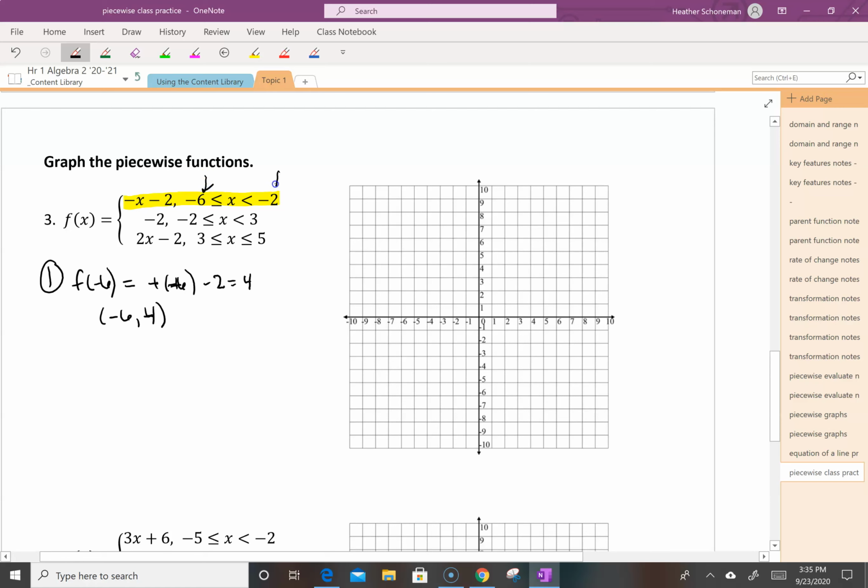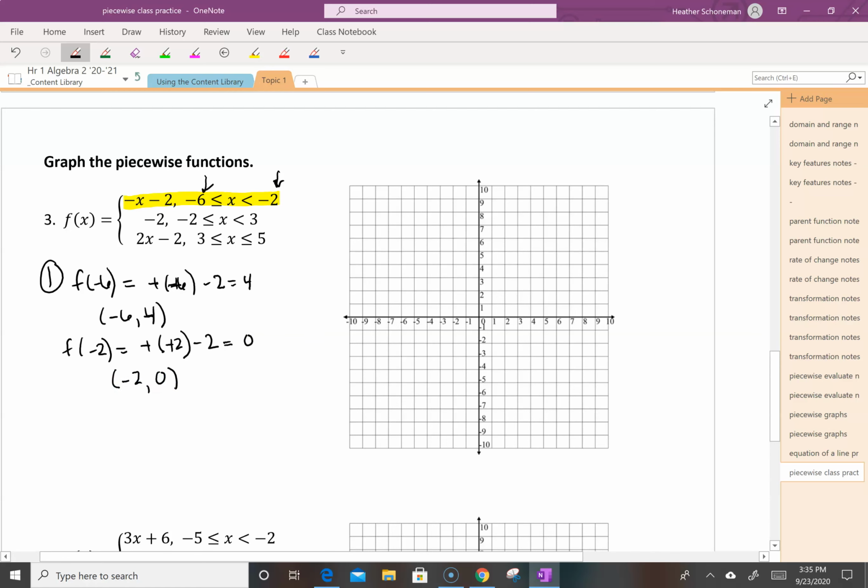So I know the point -6, 4 works. Now I'm going to plug in this one. So now I'm going to find f of -2. So at f of -2, I have negative x, x is -2, minus 2. This is plus a positive, so this equals 0. So my next point is -2, 0.